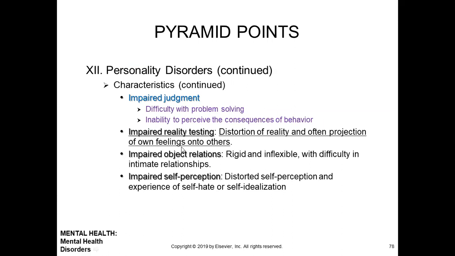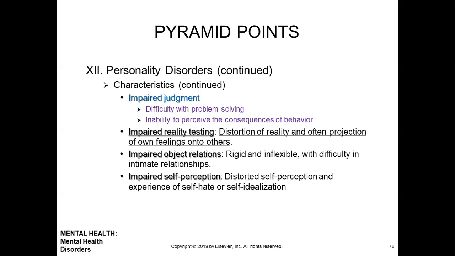feelings onto others. Every person is an individual. Every person's emotions, their story, their lifestyle is different. So why do I want to reflect my behavior onto others? But a paranoid person often projects their own feelings onto others. Impaired object relations, like rigid, inflexible.